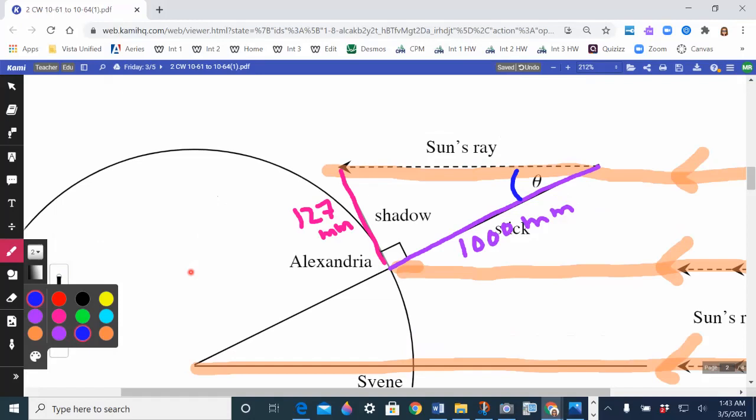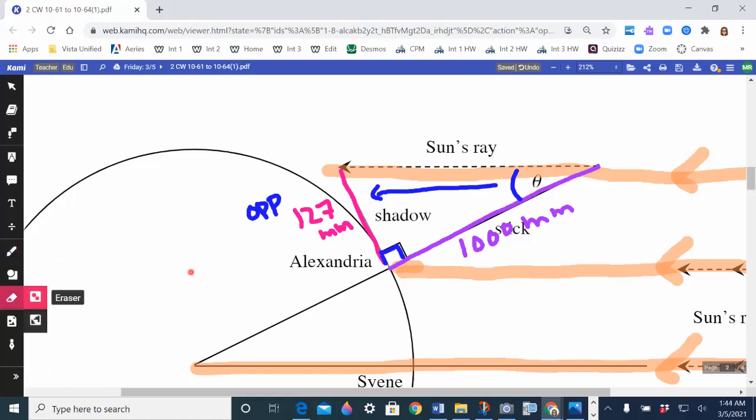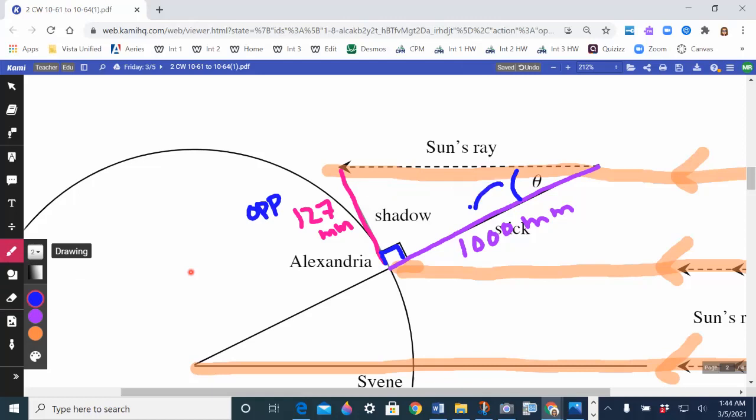Now, we know that this is a right triangle. We know that this is opposite. We know that this side here is our adjacent. And we know that this one here where the sun's rays are would be our hypotenuse. So I need to find that angle theta.